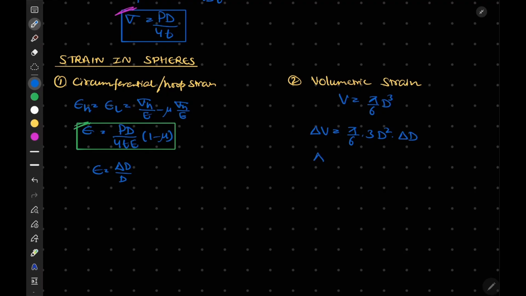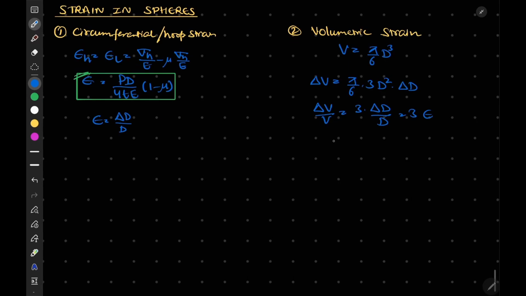So delta V by V is equal to 3 times delta d by d, which is 3 times epsilon. So volumetric strain is equal to 3 times hoop strain, which is 3 times PD by 4tE times 1 minus mu.